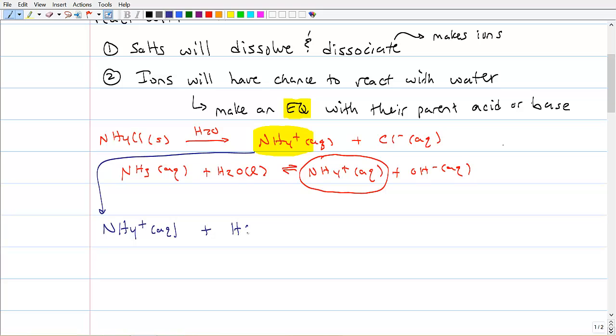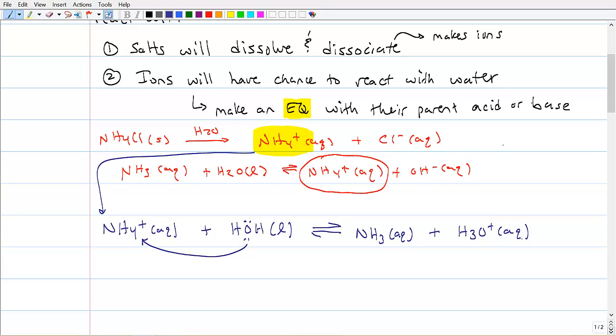So as an acid, it reacts with water. It's not a strong acid, so it's going to be in equilibrium. This acid is going to donate a proton to the water, and we're going to end up with our ammonia, NH3 aqueous, plus H3O plus aqueous. So now we can see why this is also called a conjugate acid.